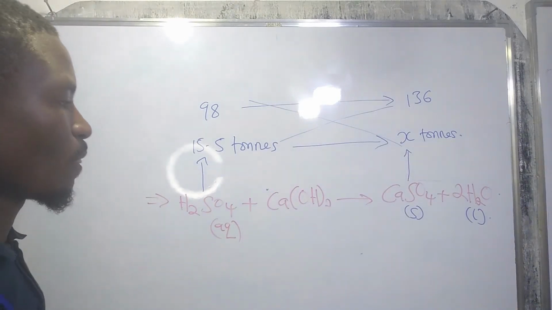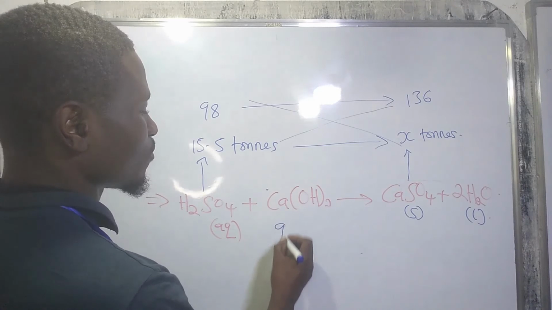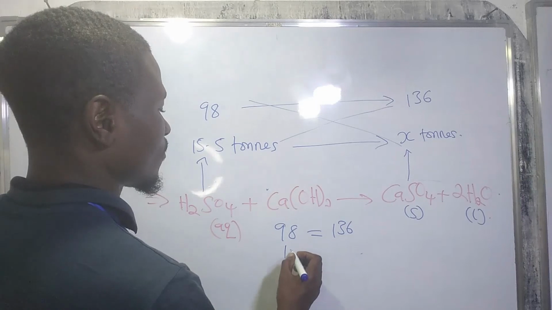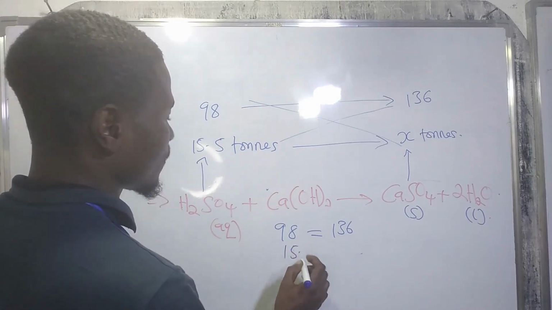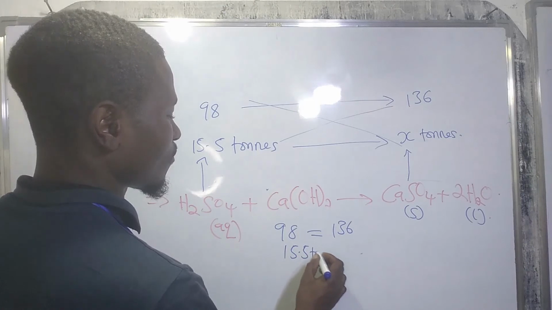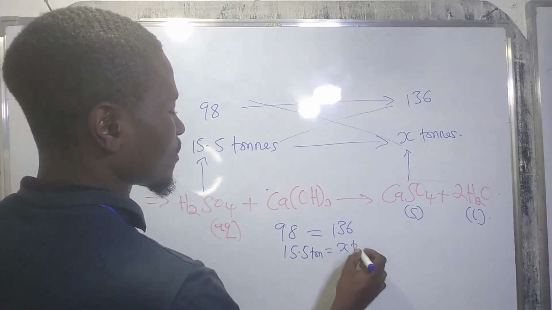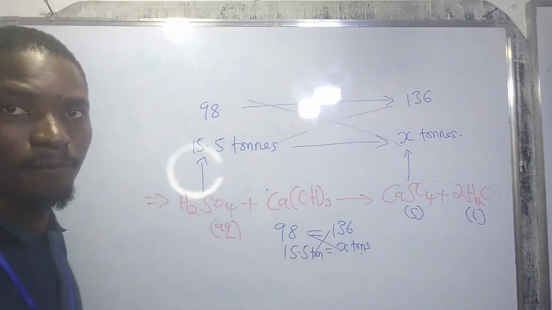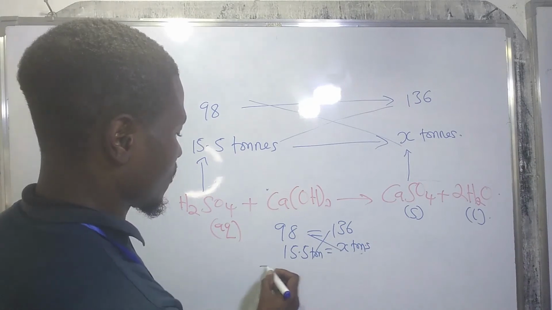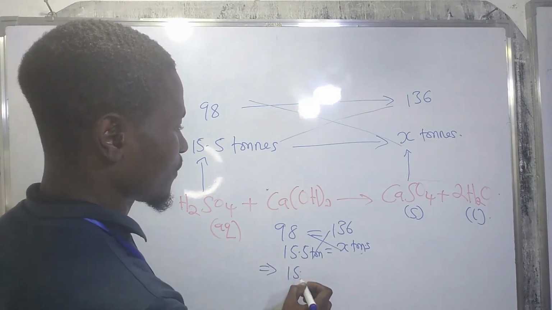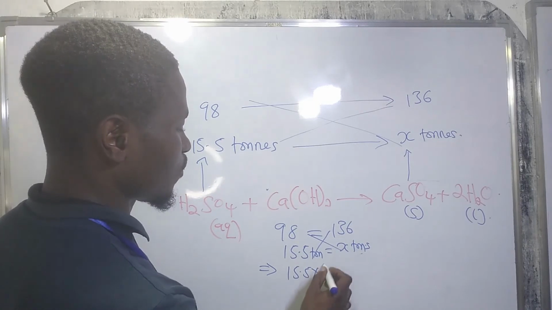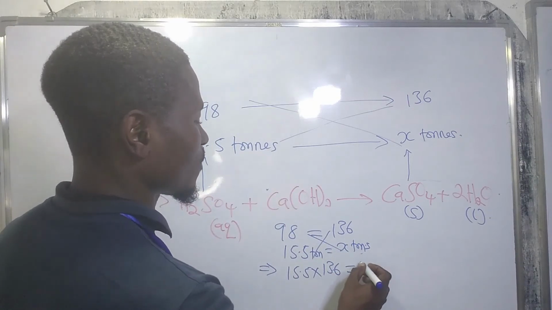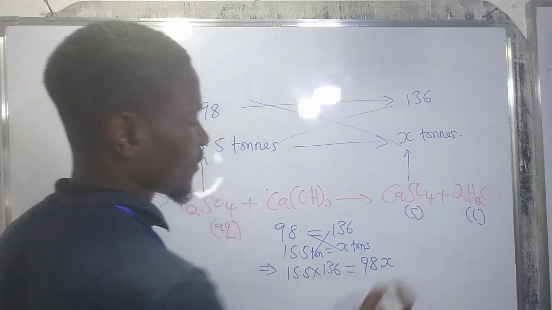You get 15.5 multiplied by 136 equals to 98x.